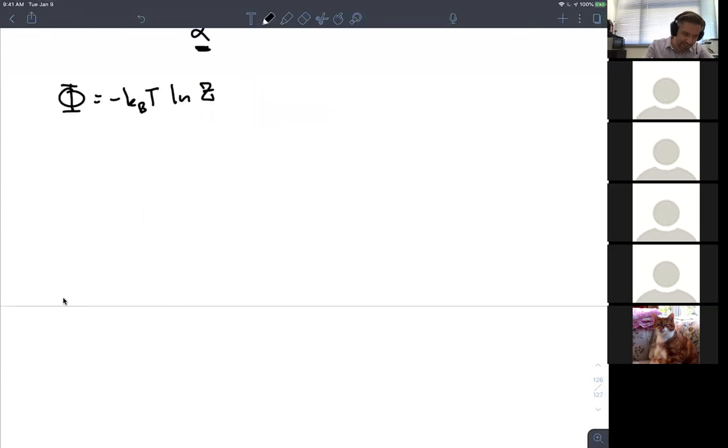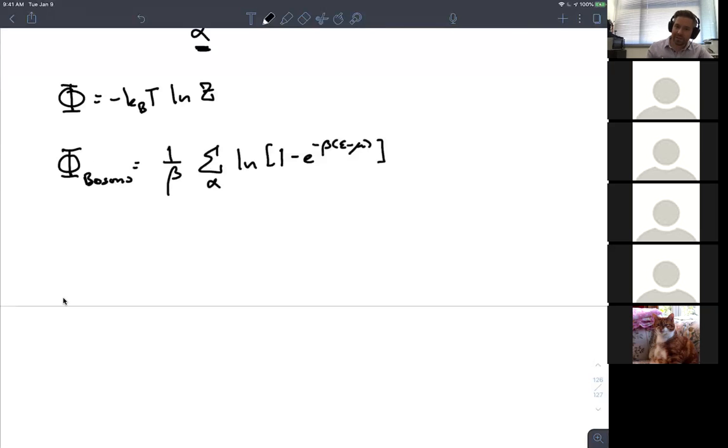So we get for our free energies that the free energy for bosons is 1 over beta sum over all alpha of log of 1 minus e to the minus beta (epsilon alpha minus mu). And the free energy for fermions is minus 1 over beta sum over all alpha of log of 1 plus e to the minus beta. Probably forgot my alpha.